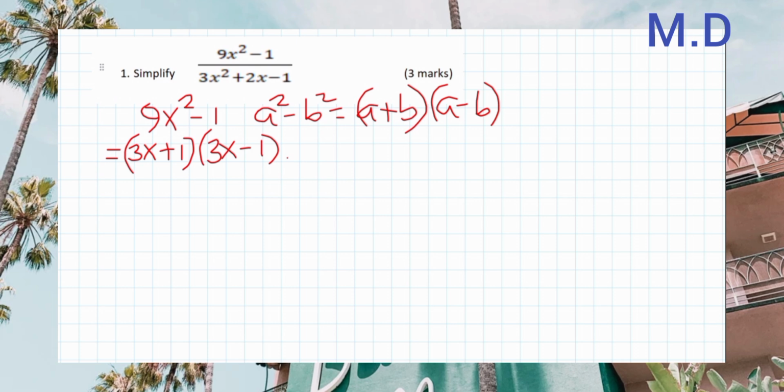Then we go to the denominator, where we have 3x² + 2x − 1.